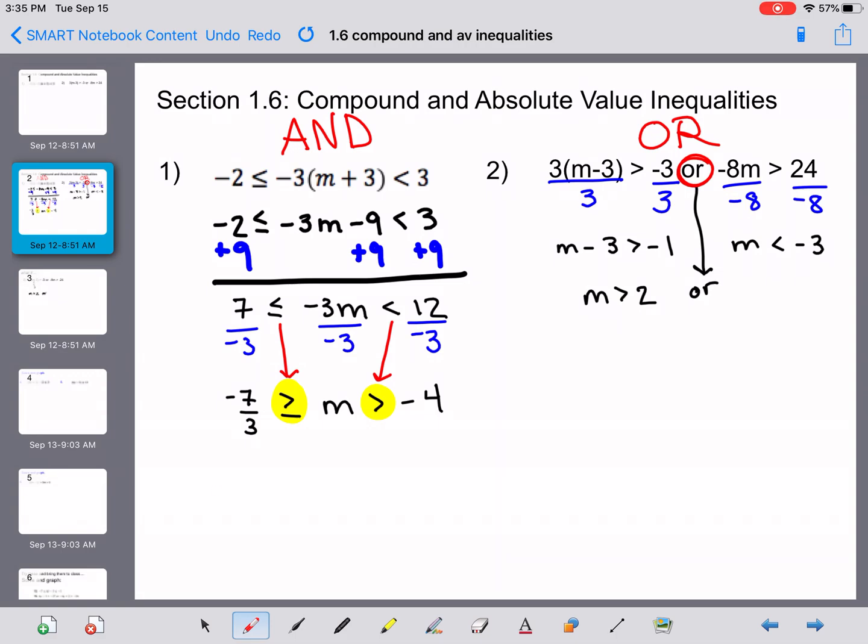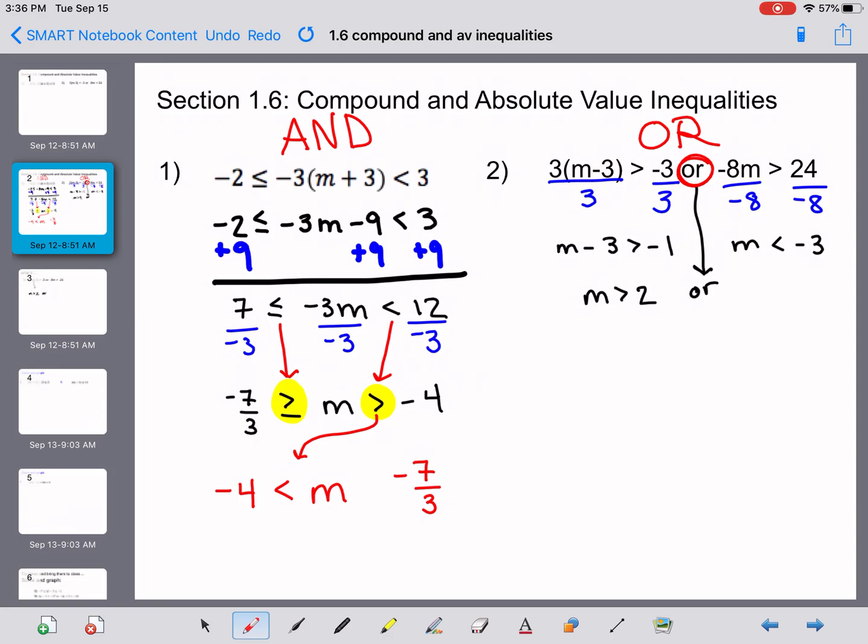I'm going to put the -4 on this side. The m will stay in the middle and the -7/3 will go on this side. But now I need to rearrange my inequality signs. Because I flipped everything, this inequality sign will come here and it flips. The reason it flips is because the m was on the left and the -4 was on the right, and when you switch that, you reverse the inequality symbol.